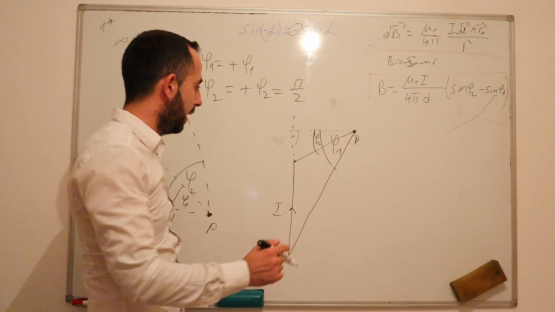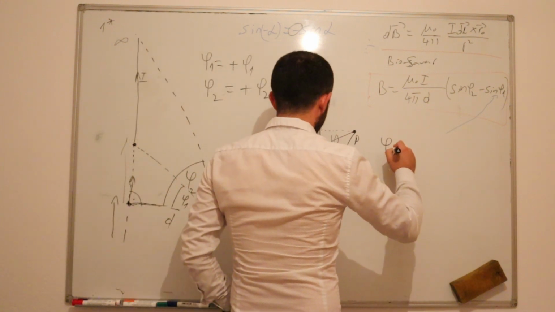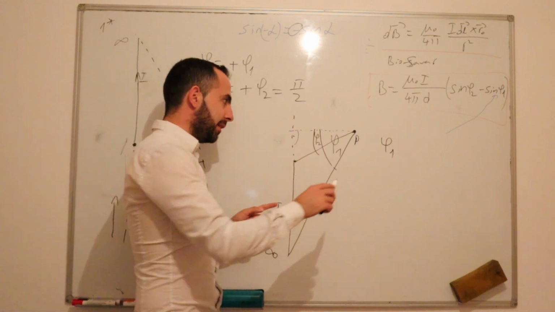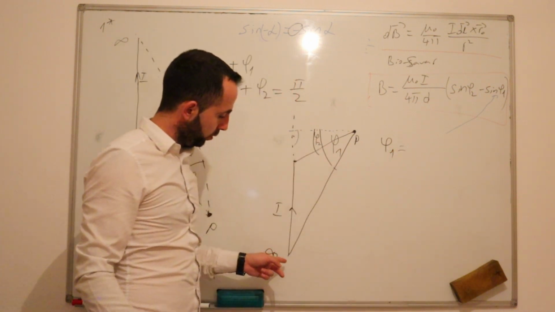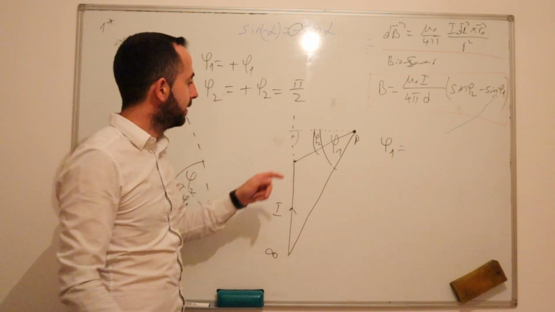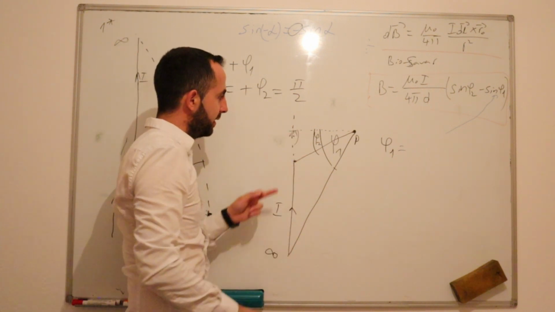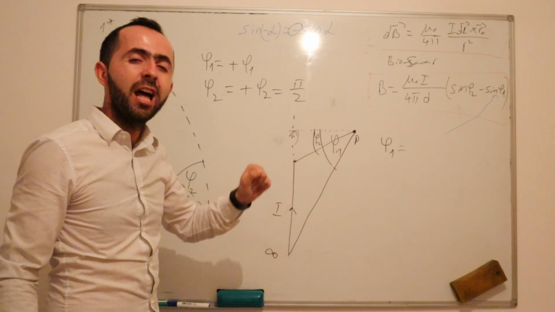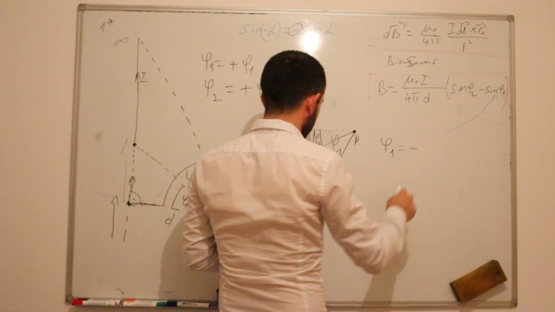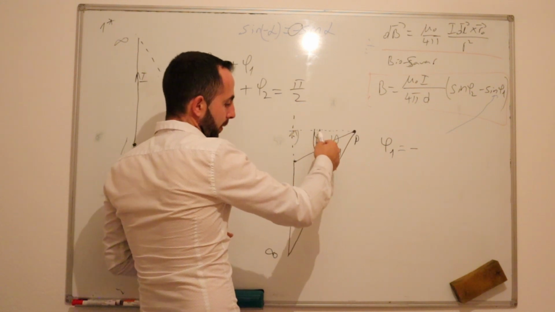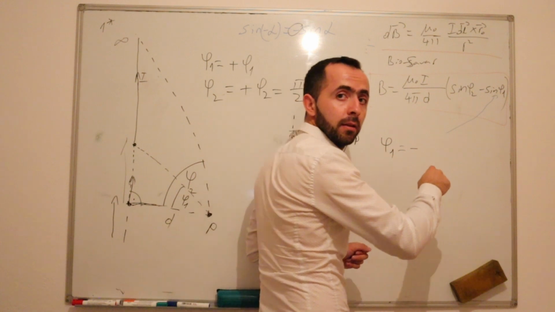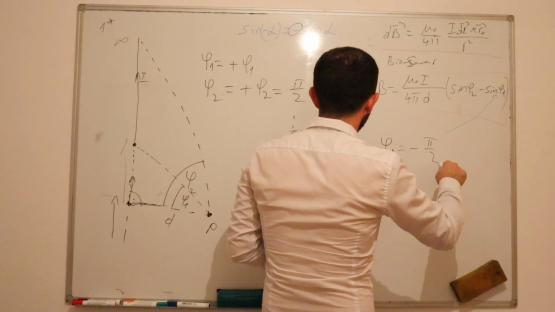So now let's determine phi1. Is it a positive value or a negative value? Because the current enters this normal of an angle, we know that it is a negative value. So it is minus phi1, because it is an infinitely long conductor. Once again, it is 19 degrees.